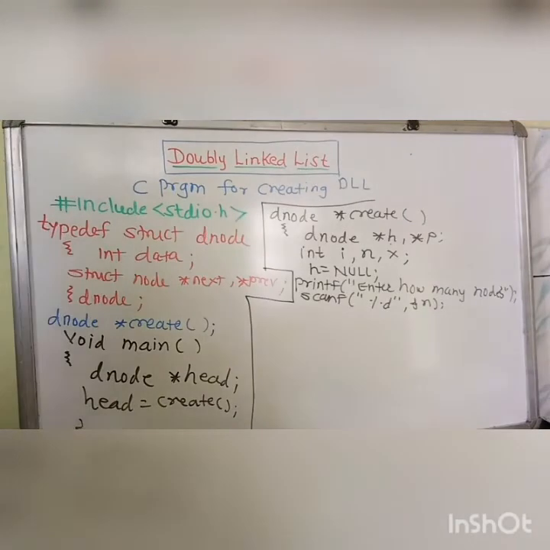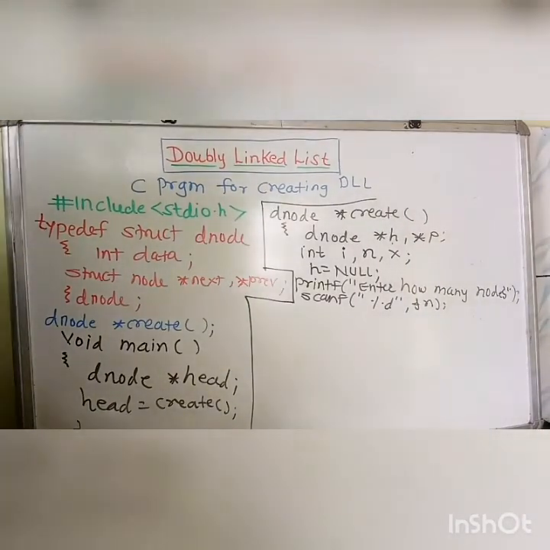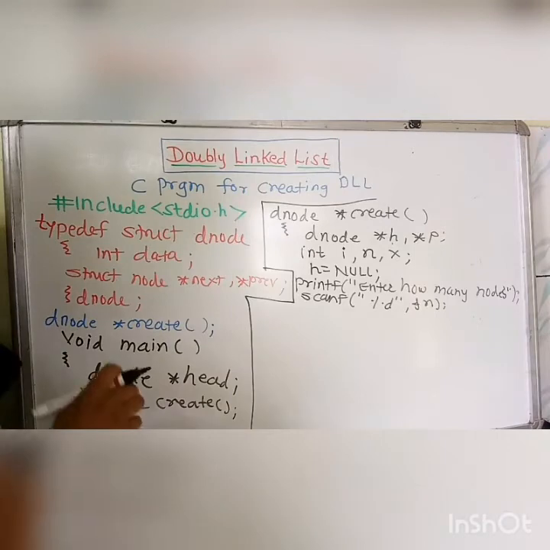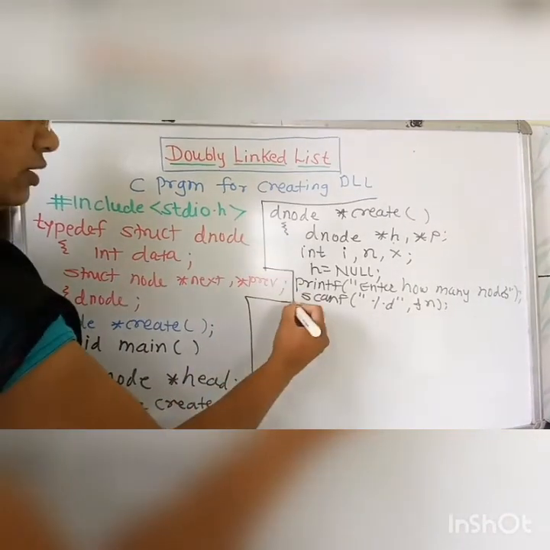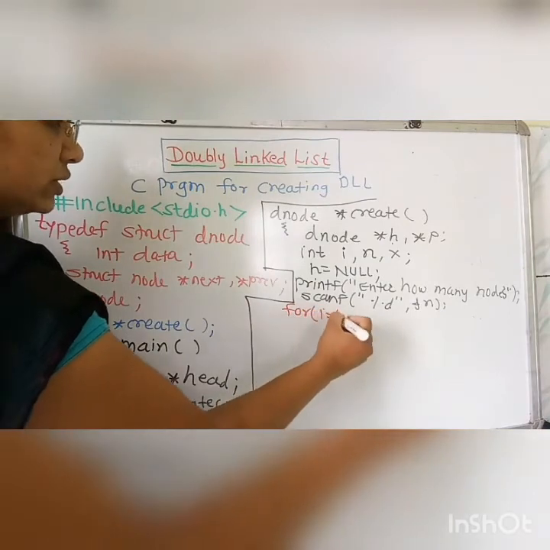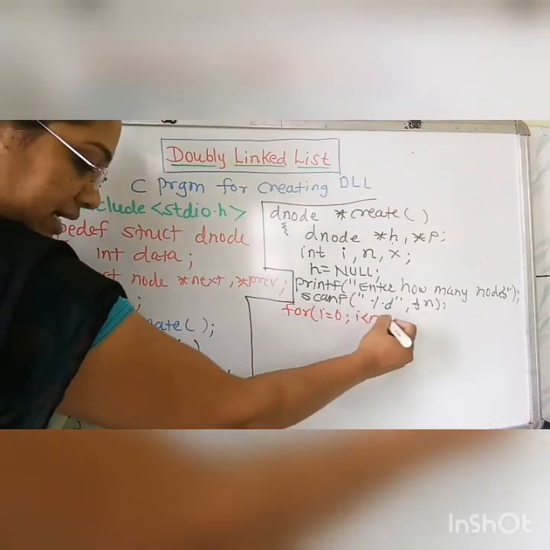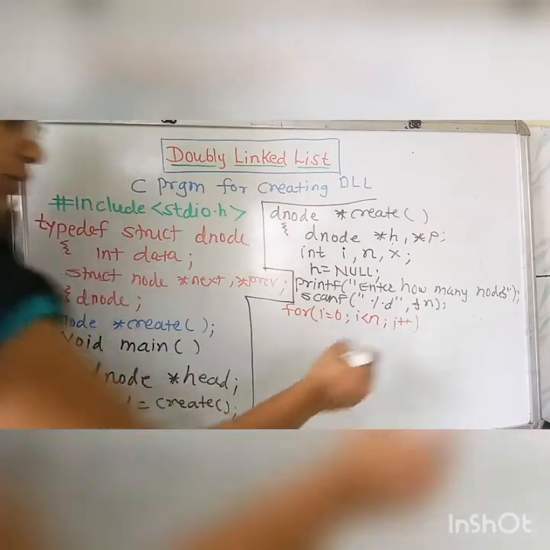Now for creating the first node with the subsequent nodes, we are taking here the for loop, that is for i equals to 0, i less than n, and i plus plus.